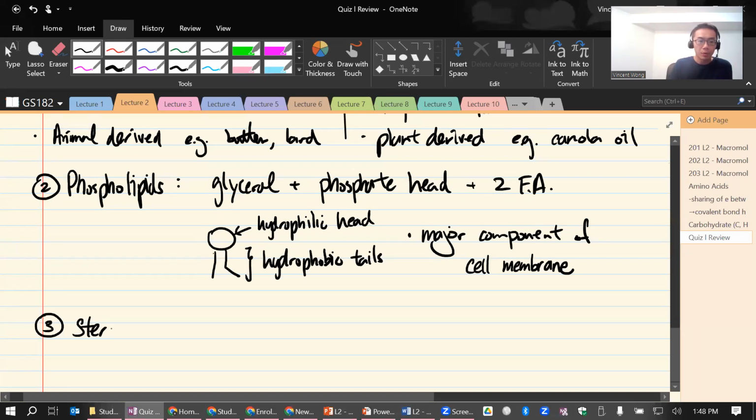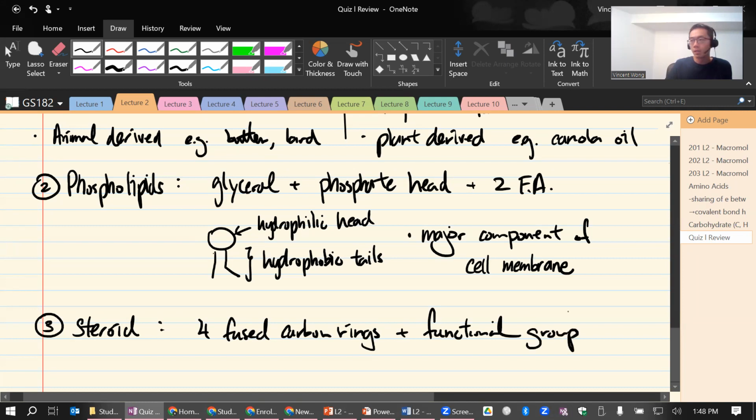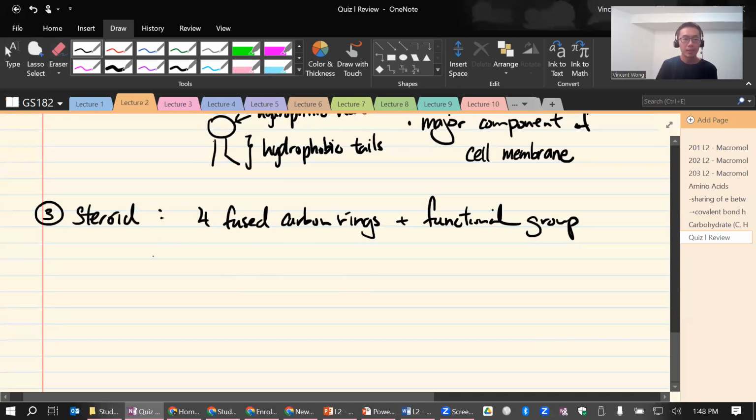And the last one is steroid, right? Okay, steroids are 4 fused carbon rings plus functional groups, which gives them unique properties, right? Okay, so an example is cholesterol, which we can use for various functions. Okay, it's also another component of the cell membrane.